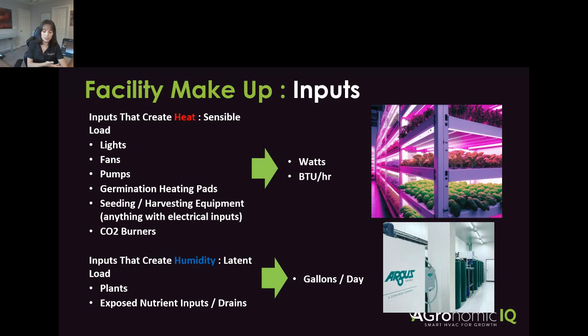Some can be in liters, some can be in gallons, but real world information is really helpful for us in making the estimations, because if it is a racking system, like I said, that has a whole bunch of big open drains, that's going to put off more humidity into the air. So if you can gather that information from them, super helpful in making these calculations.